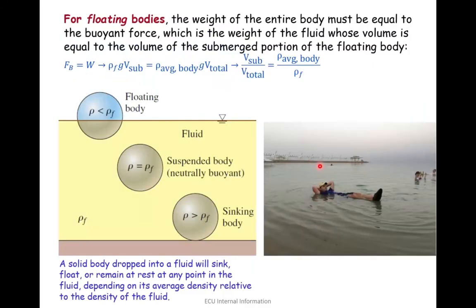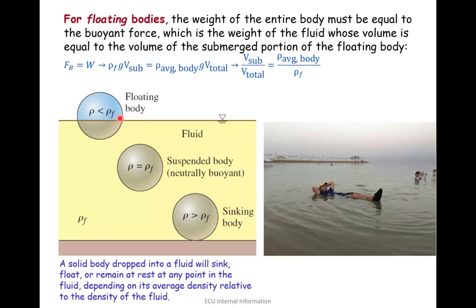Now, for a floating body, if we throw an object in water or liquid and its density is less than the density of the fluid, it will come to the surface and float.